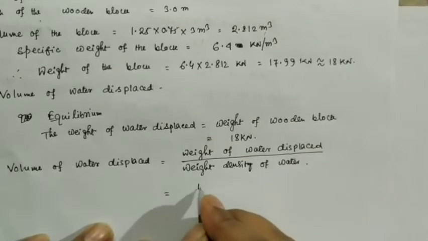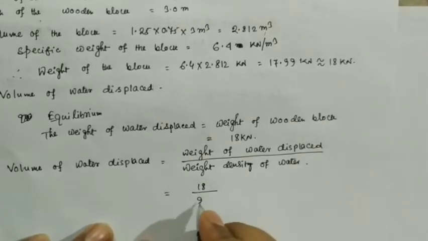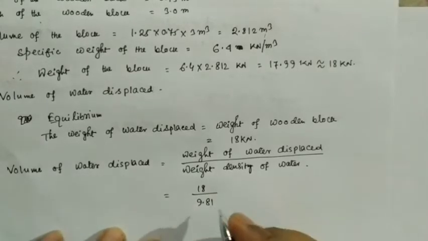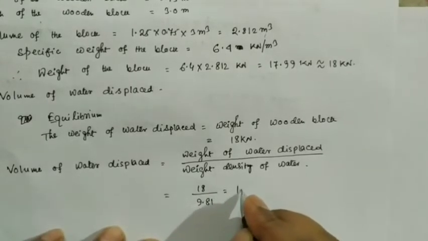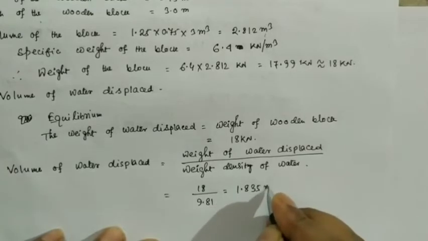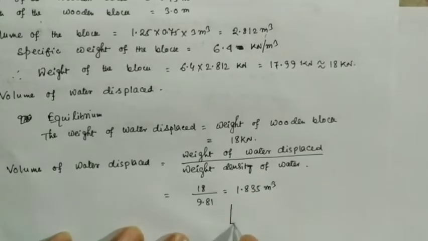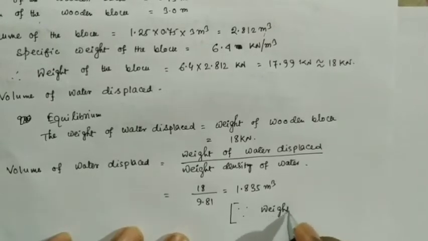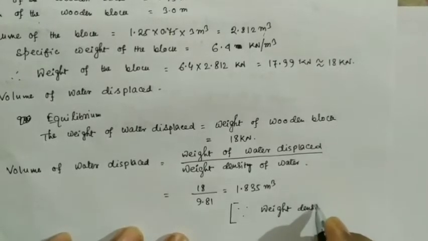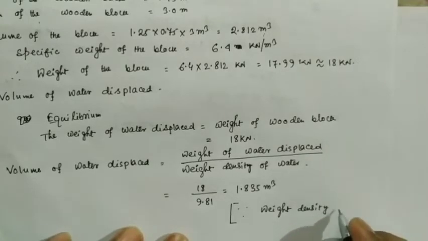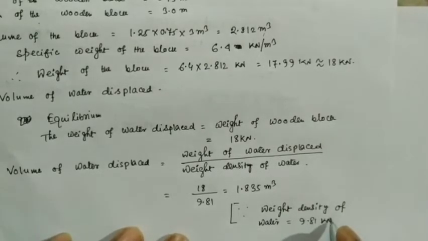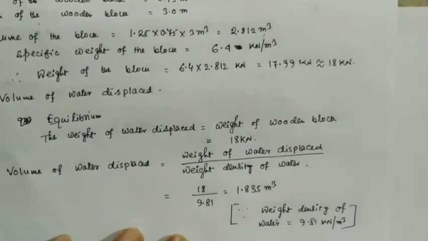So it will be 18 divided by 9.81, because the weight density of water is 9.81 kilonewton per meter cube. So 1.835 meter cube will be the volume. So I am writing here, the weight density of water is 9.81 kilonewton per meter cube.